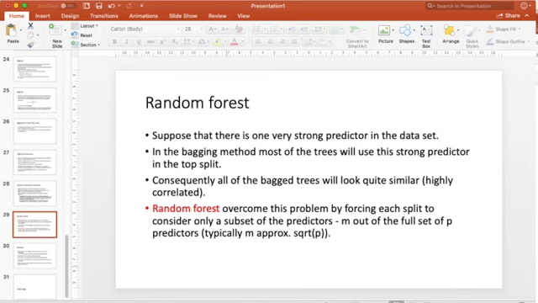You only consider a random 3 predictors. This avoids highly correlated trees in the random forest.